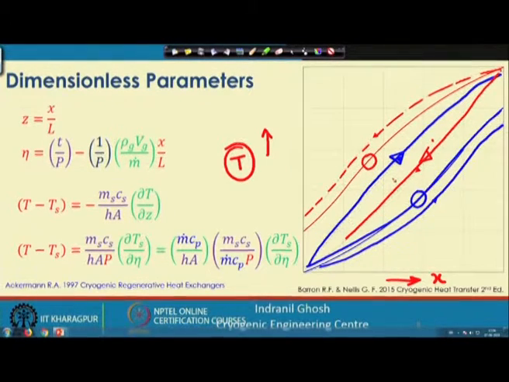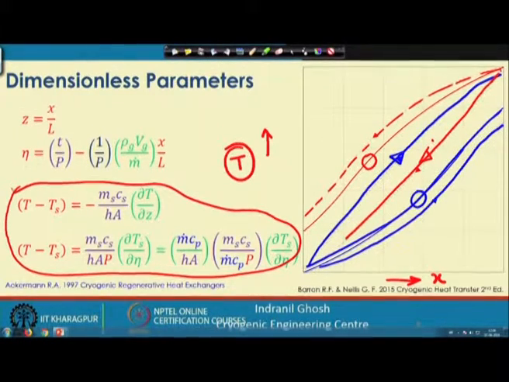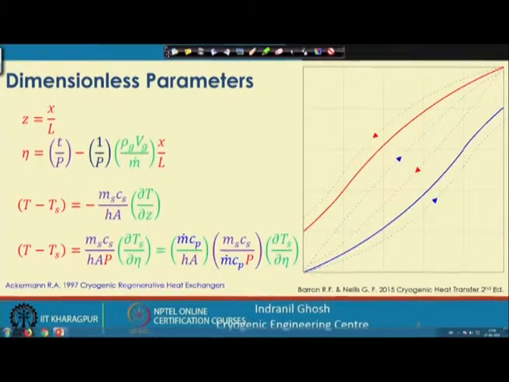So, this is what is happening in the regenerator, and this is of course the balanced condition and ideal regenerative action, where we have not considered any axial conduction losses and so on. But if someone solves that equation with the boundary conditions applied, one can get these kinds of temperature profiles in the fluid as well as in the matrix of the regenerator.